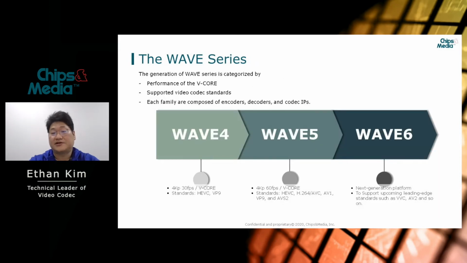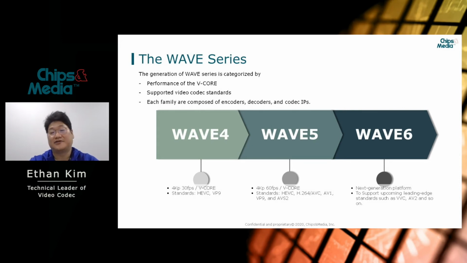The WAVE series is categorized by the performance of vCore and supported codec standards. Each series is composed of encoders, decoders, and codec IPs. The WAVE4 series can support HEVC and VP9, and it supports 4K 60 frames per second using a single core.